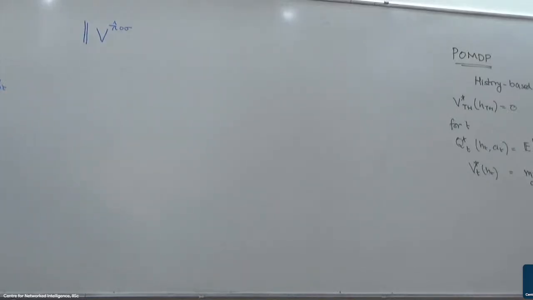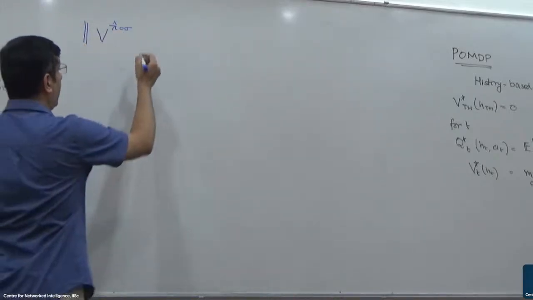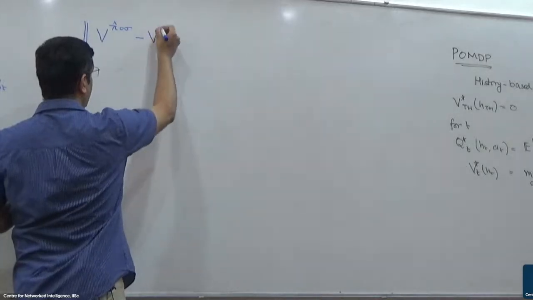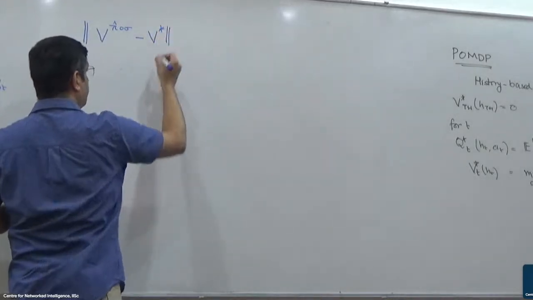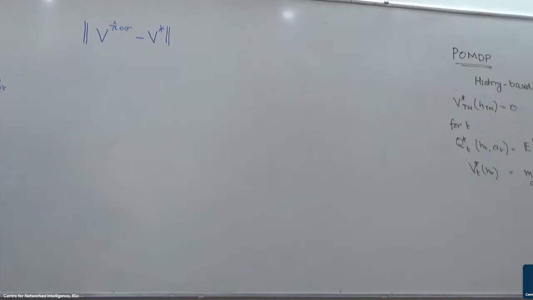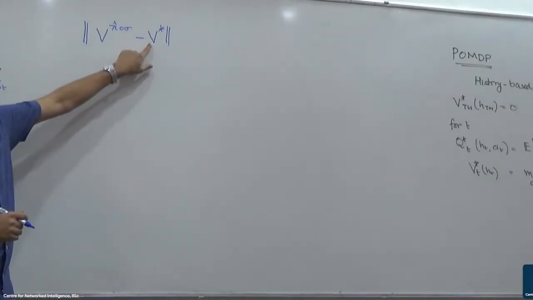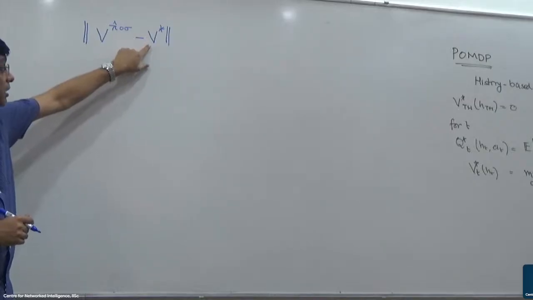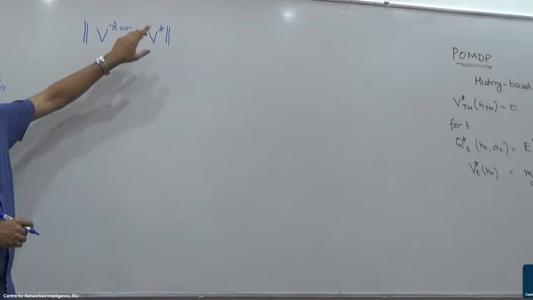I find the optimal policy in my AIS model and use that policy in my true model, and I ask what is the error in this compared to the best that I could have done. Now, the best that I could have done here is the best for the partially observed system, best for this history-based DP.